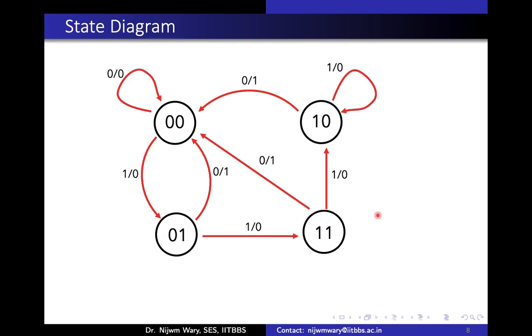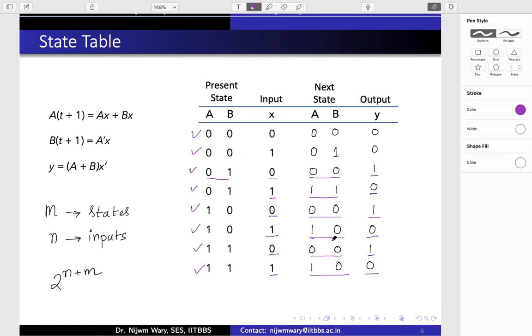This state diagram is very useful, a pictorial representation of the complete sequential circuit. From here we can know from which state it is going to which state, and we can analyze it pictorially, because for a human being to understand a truth table is sometimes difficult, and equations are even more difficult.